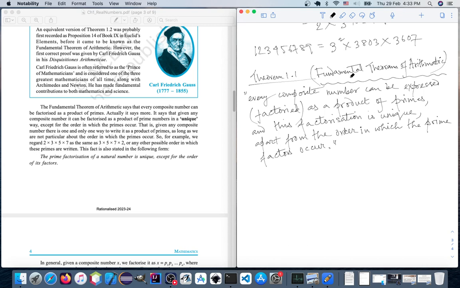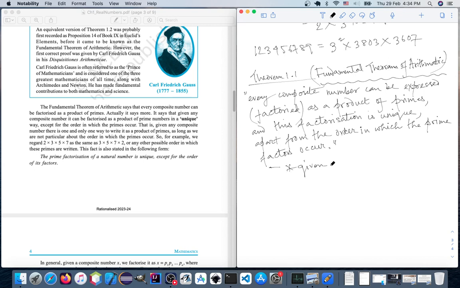No, they will be the same. The order of the prime factors may differ, but all the prime factors and their powers will be the same. That's what it means when it says that given any composite number, it can be factorized as a product of prime numbers in a unique way. Given any composite number, there is only one way to write it as a product of primes. This is important.